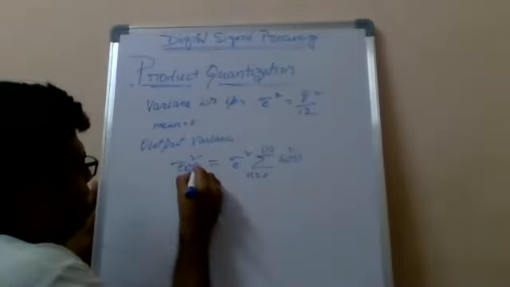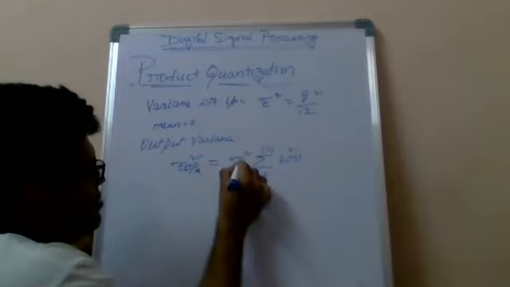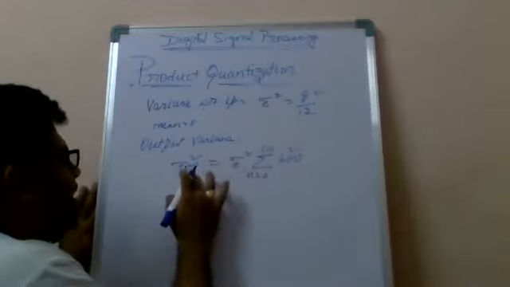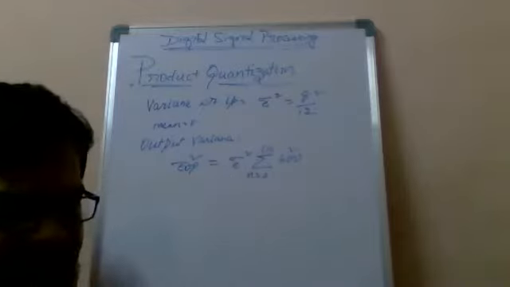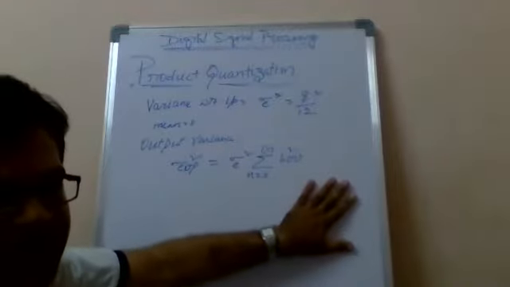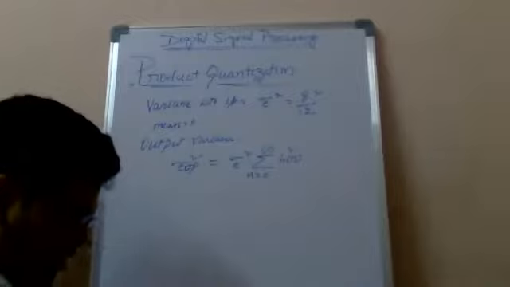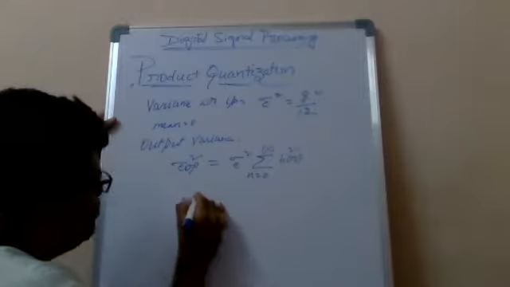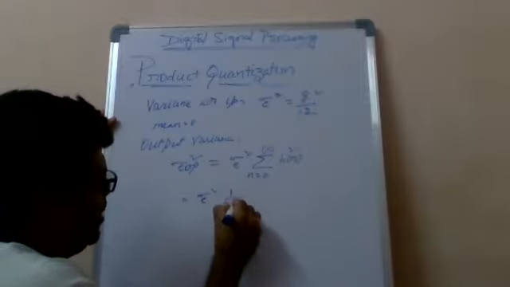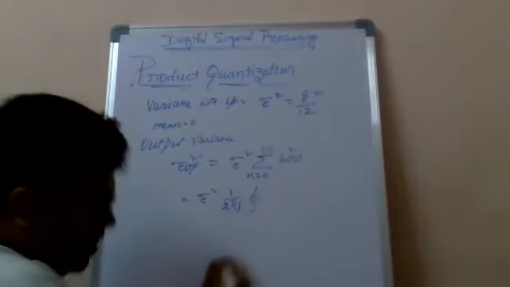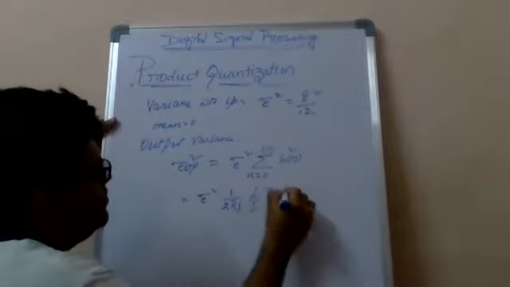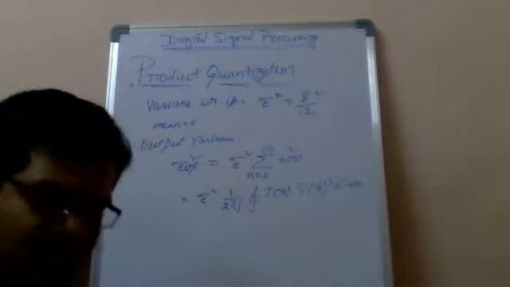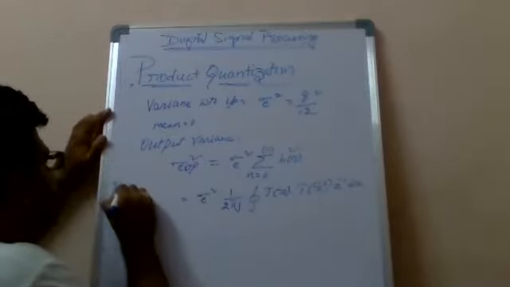If we are calculating for the kth source, we just go with k. Otherwise, if it is generalized, I don't consider k. I directly write it as sigma EOP square equal to sigma E square times the sum over n from 0 to infinity of h of n whole square. Now using Parseval's condition, this can be given as sigma E square into 1 by 2 pi j, the contour integration of H of z, H of z inverse dz. Right? So this is from Parseval's identity.